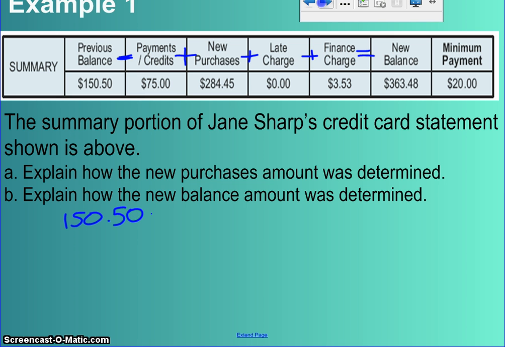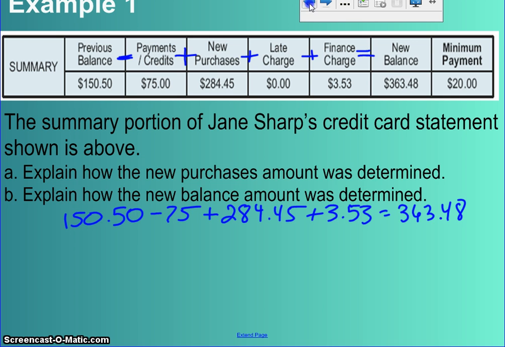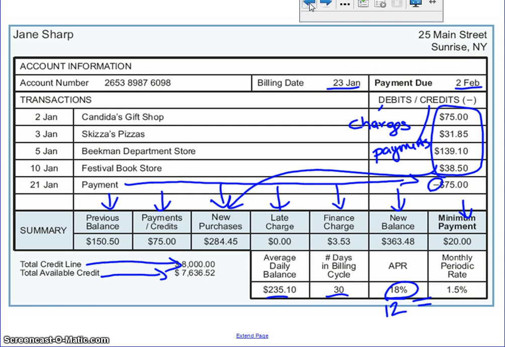So in this case, we have $150.50 minus the 75 plus the 284.45 plus the 3.53 equals the 363.48. Now you might ask how the finance charge was found, and remember it's taking the average daily balance and multiplying it by your monthly periodic rate.